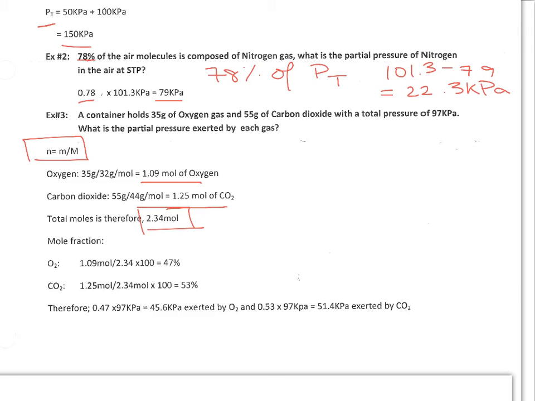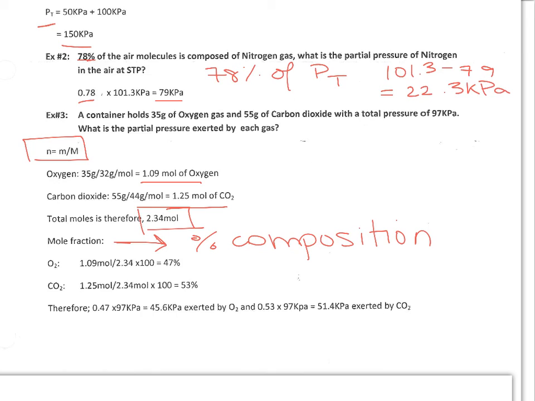So if we're looking at this mole fraction, really all that I'm looking at, and we've done this before, is percent composition. If I find the percent composition of oxygen is 47% and the percent composition of the carbon dioxide is 53%, by dividing the moles of the substance over the total moles times 100%, then I'm basically up to our example 2.